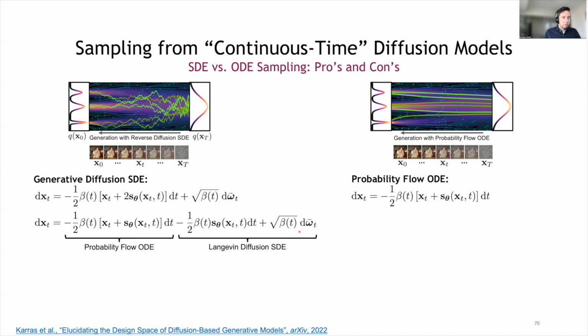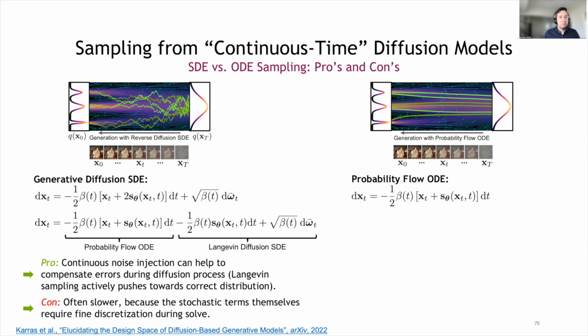So what do these terms do? This probability flow ODE term is essentially responsible for pushing us from the right to the left here. And this Langevin diffusion SDE term, for each individual t, actively pushes us towards the correct diffused data distribution.